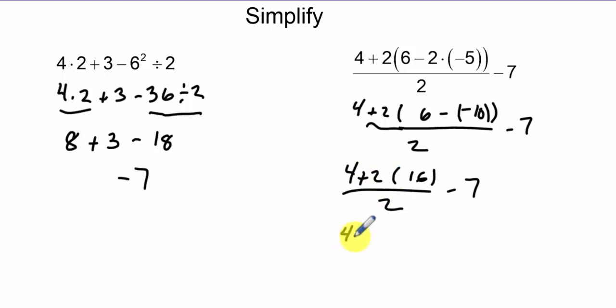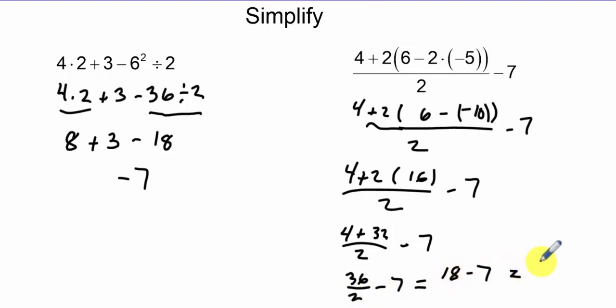So this is 4 plus 32 over 2 minus 7. And then we clean up the top. That's a 36 over 2 minus 7. I'll do the division first. 18 minus 7, which in our case is going to be 11.